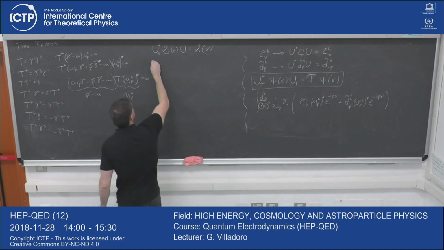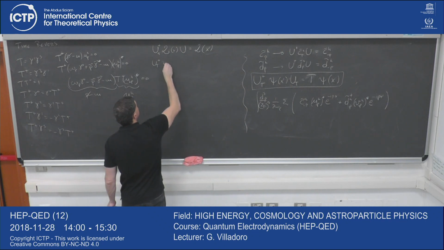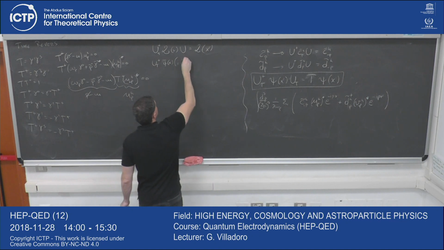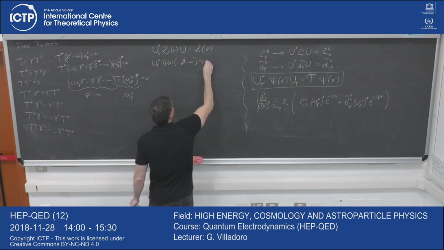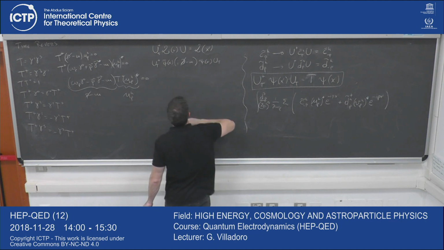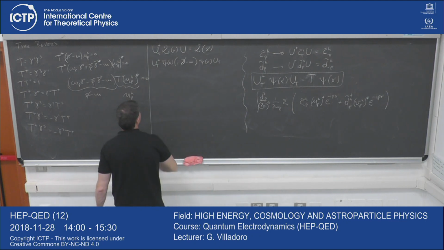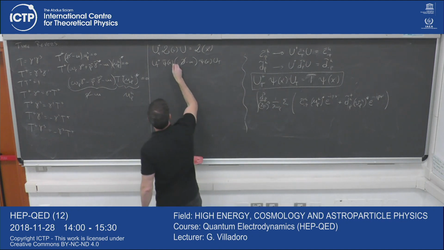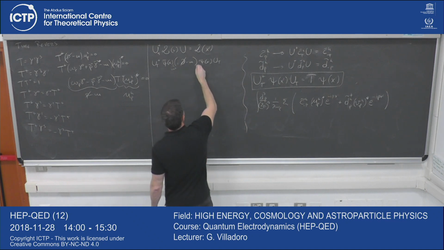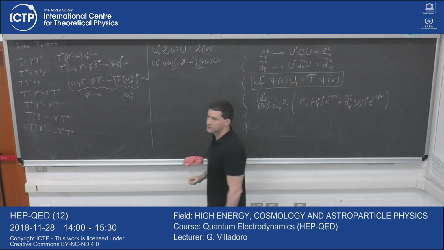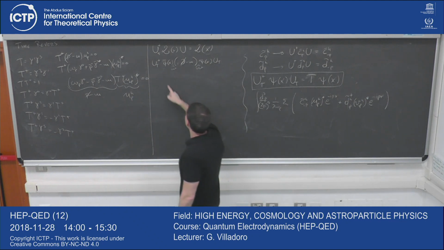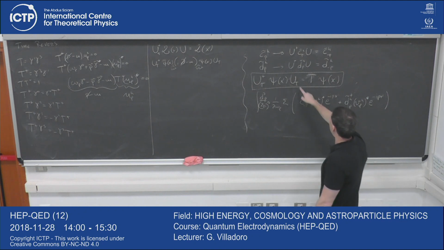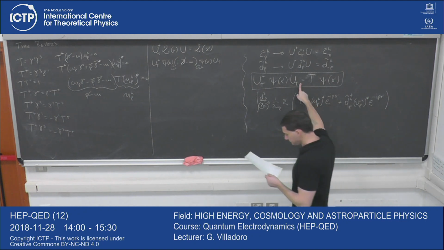So if you write it explicitly, this will be U T dagger psi bar of x, i d slash minus m, psi of x, U T. Okay. I add the U dagger and the U dagger here. And I'm going to use this identity here.